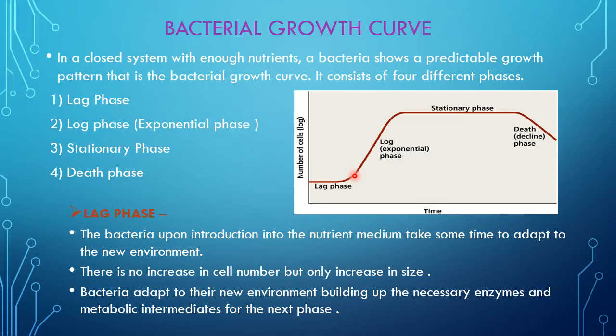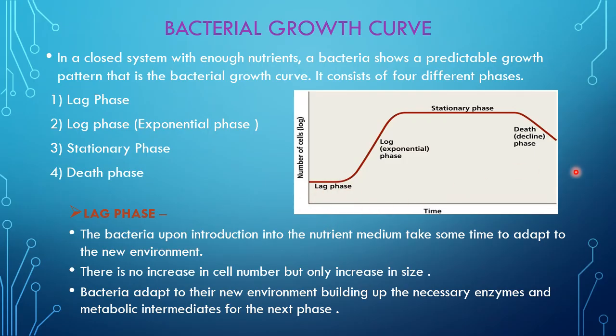They grow in size and they prepare. They build up all the necessary enzymes and metabolic intermediates, they synthesize them and prepare for the next phase. Hence you call it the preparation phase or adjustment phase.